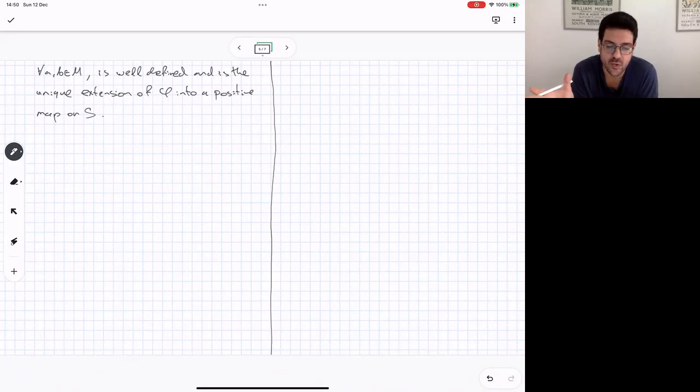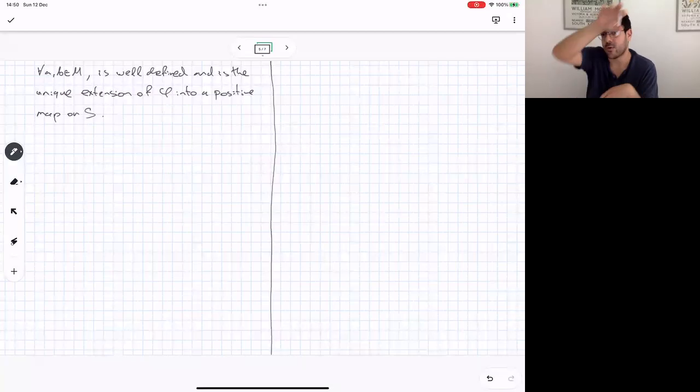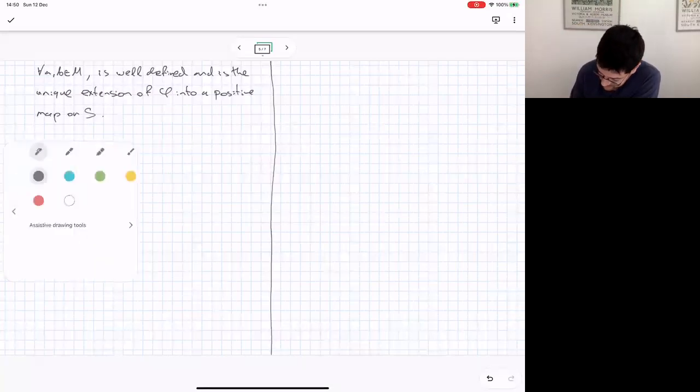In some sense, this should also tell you that if you understand the category of operator systems with UCPs, then you understand also the category of operator spaces with unital contractions, with unital completely contractions. So maybe let me say a remark.